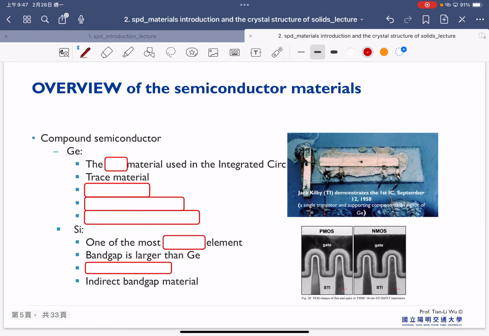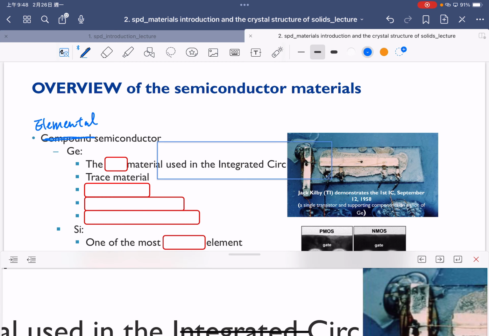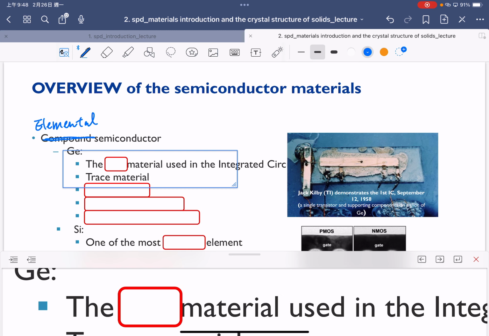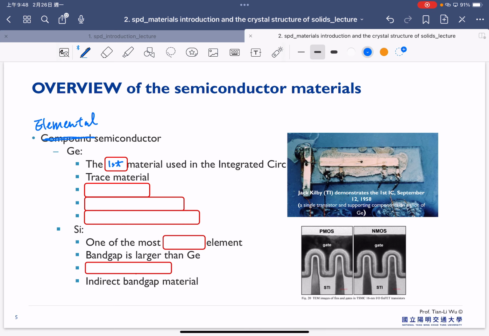So here is an overview of the semiconductor materials. If we consider the elemental semiconductors, germanium and silicon are the two most important ones that have been used for decades. Germanium is the first material that was used in the integrated circuit.